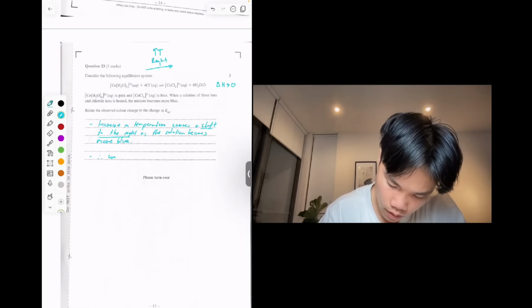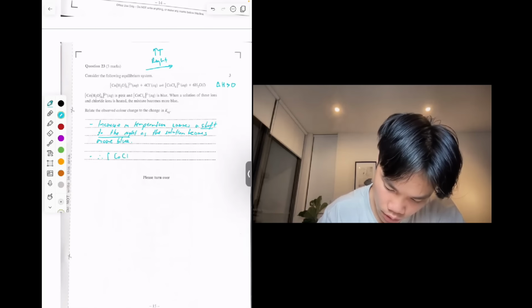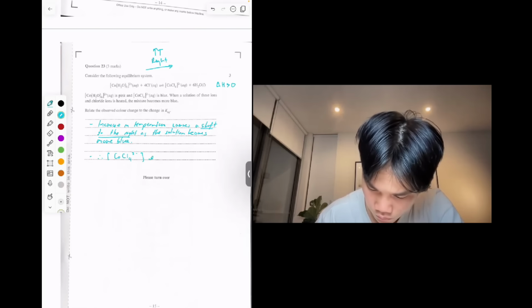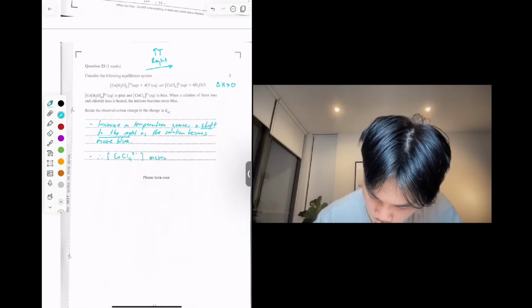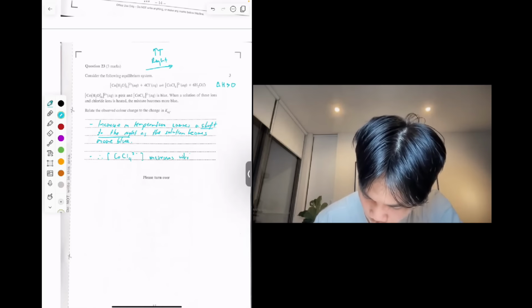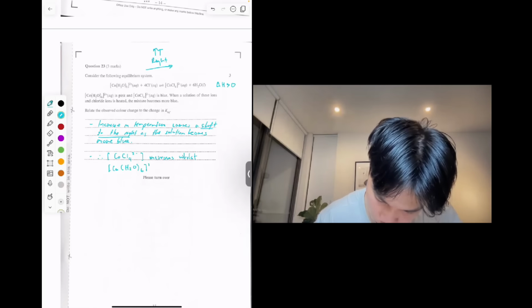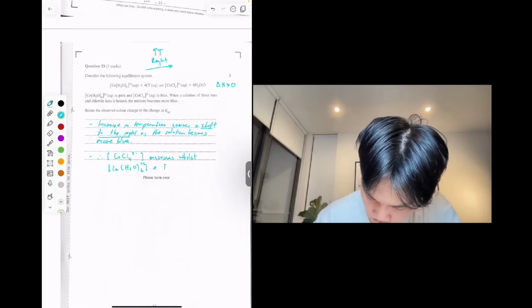Therefore, concentration of CoCl4 2- increases whilst concentration of Co(H2O)6 2+ and concentration of Cl- decrease.